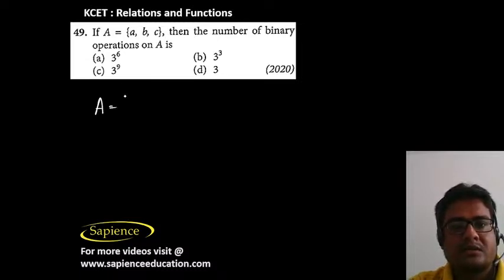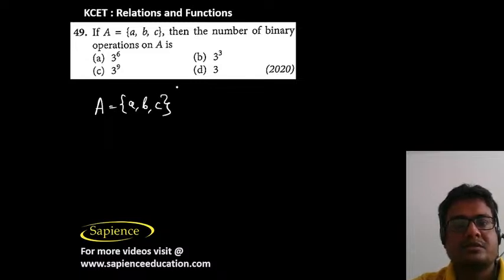So A = {a, b, c}. A is the set which contains the elements a, b, c.